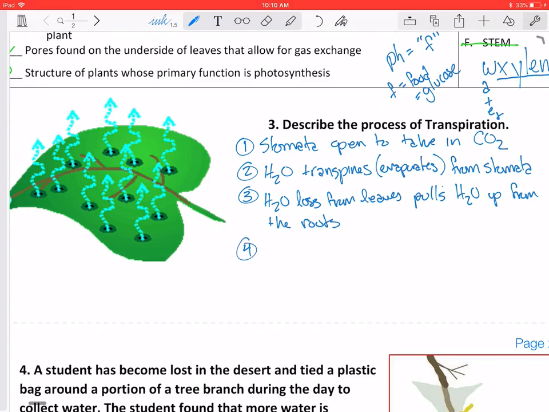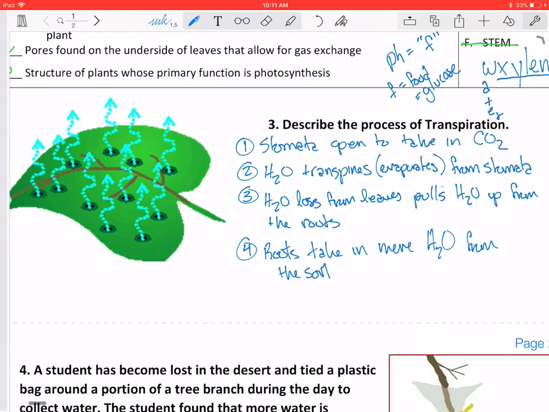And then finally, because water is being pulled up from the roots, that causes the roots to take in more water from the soil. Got a little ahead of myself there.